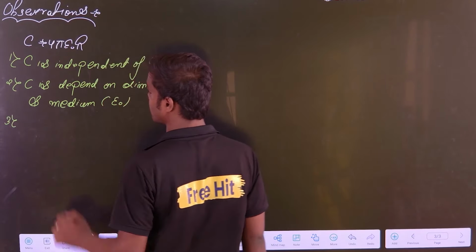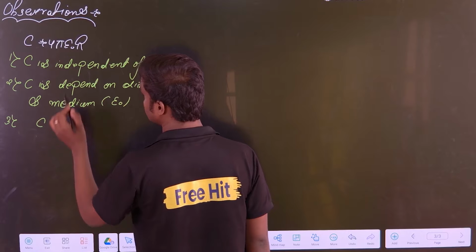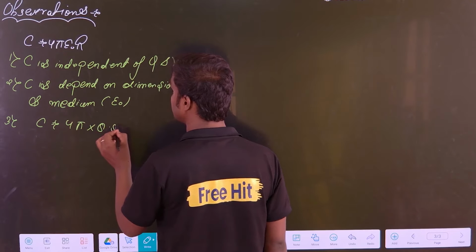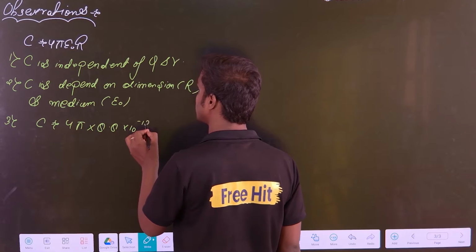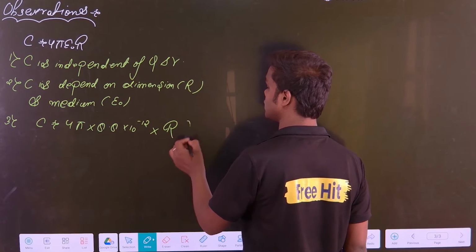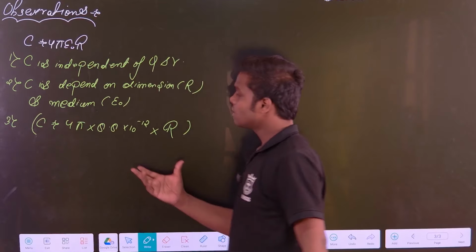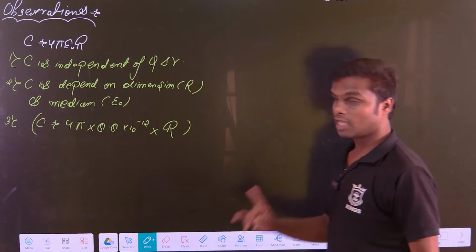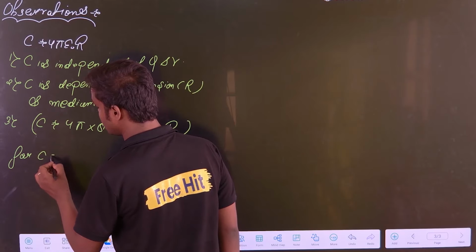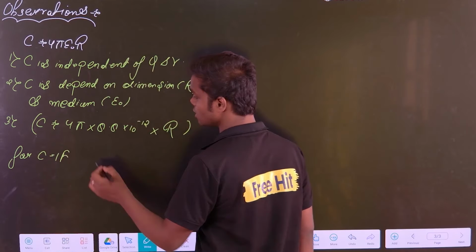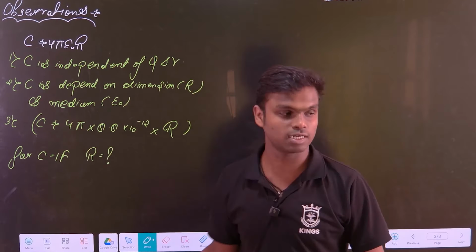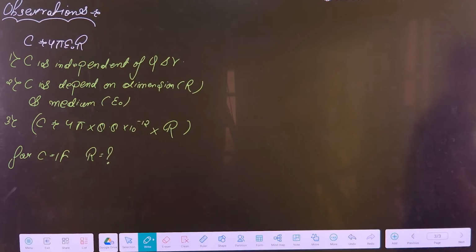Third, if you see the value properly, 4 pi into 8.8 into 10 to the power minus 12, correct? Into r, suppose the radius r is some value. Now you do one calculation: for C equal to 1 farad, what is the radius?